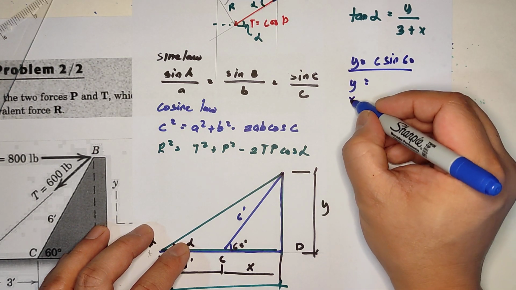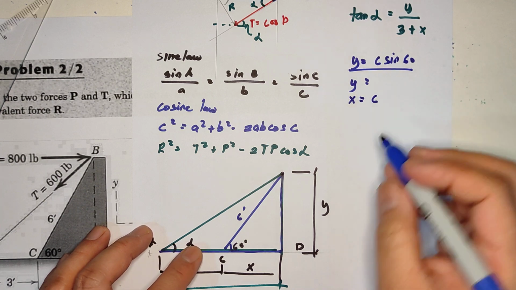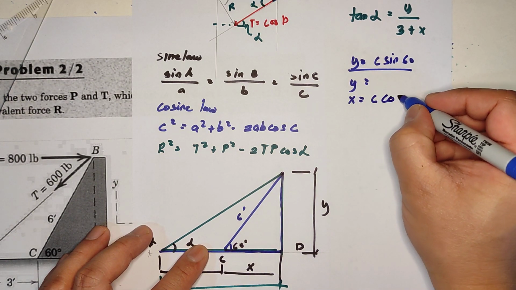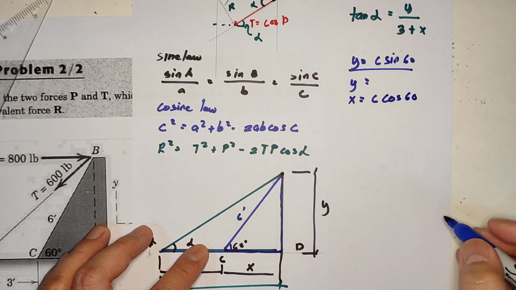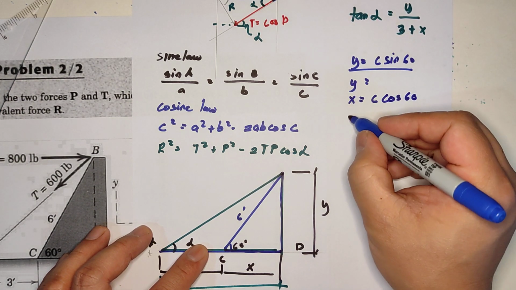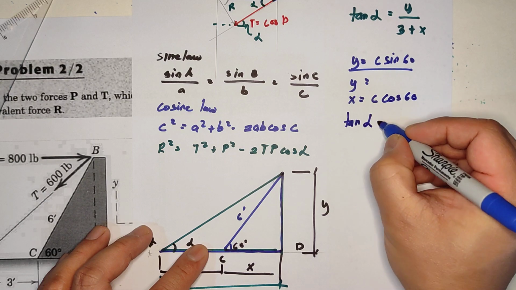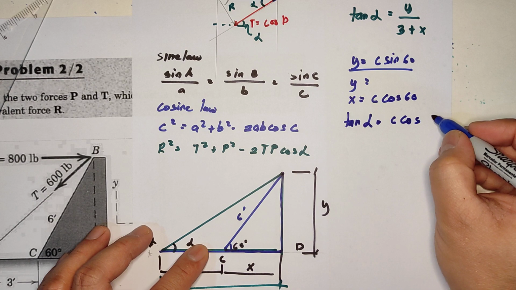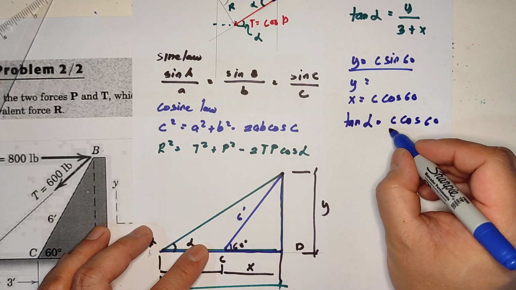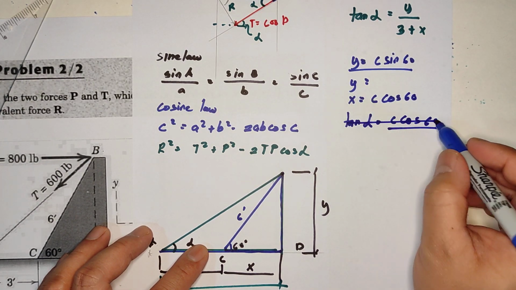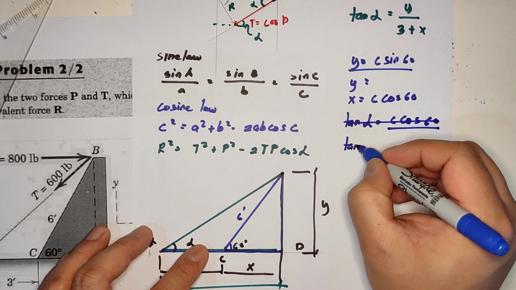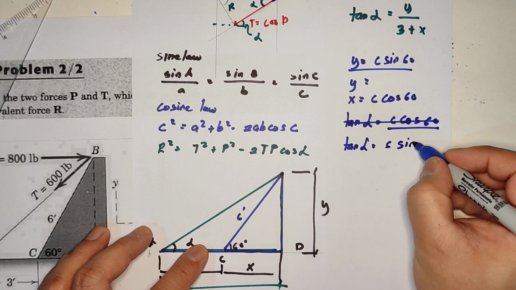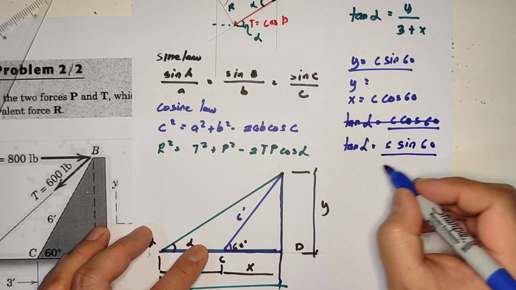You can also compute for the x value, that is adjacent, 6 cosine 60. Now let's put this one here. So tangent alpha, y is 6 sine 60 over 3.